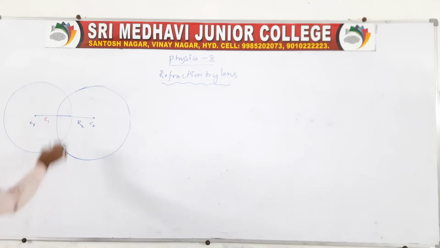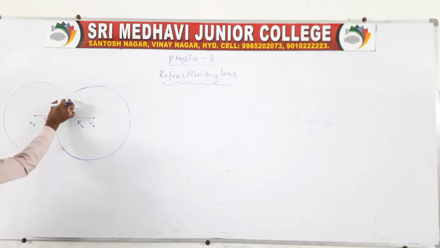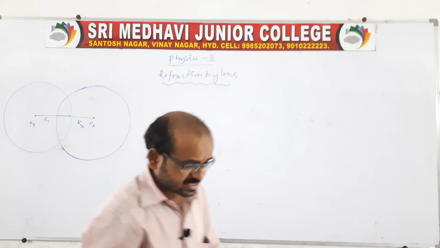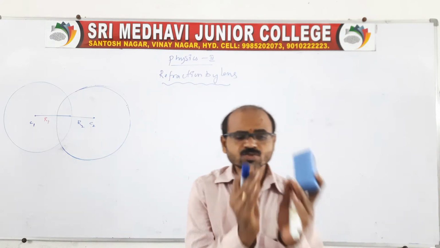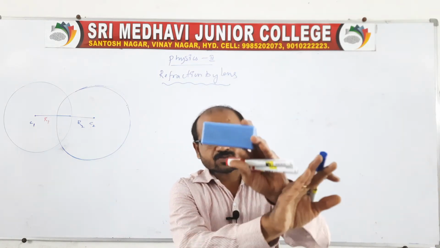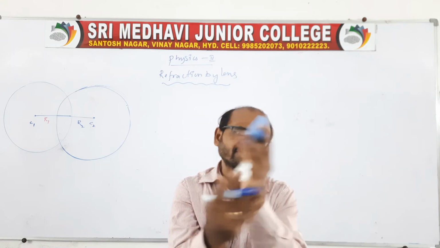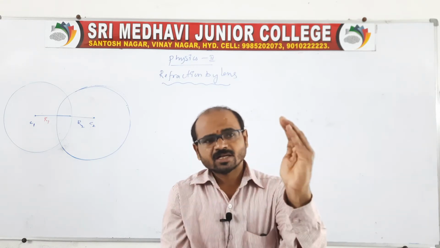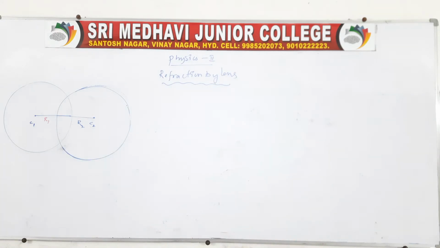Now let us cut this part. Now I am taking this part. If you separate this, then the lens we can call a convex lens, because it has two surfaces joined like this. It is one refracting surface and another refracting surface. Now it is joined like this. Clear? Concentrate.